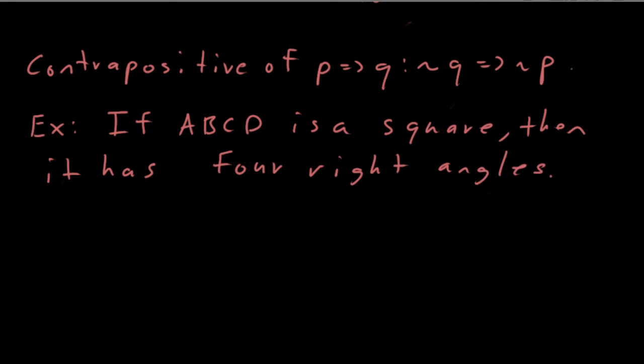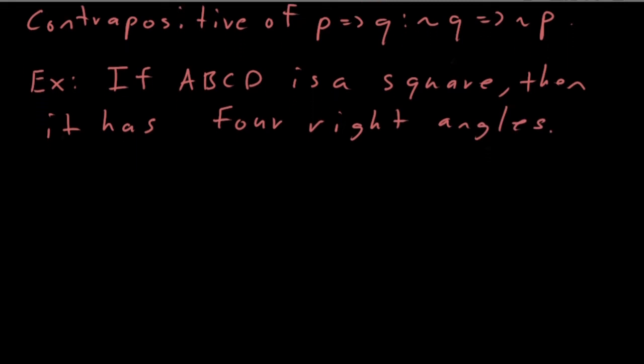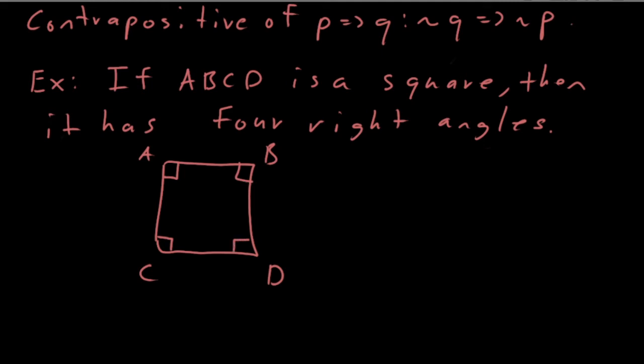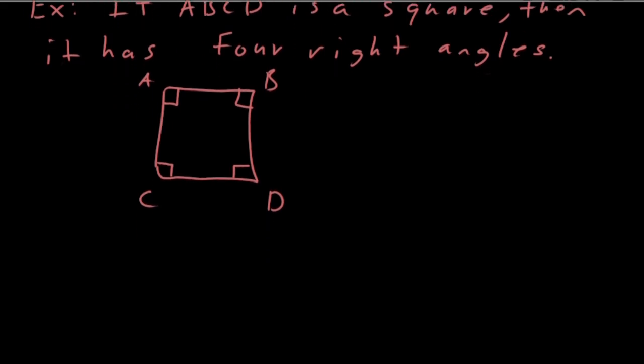ABCD is just a geometric figure; we're calling it a square. If we were to draw this, intuitively speaking, if it were a square, we would have these 4 right angles. But we don't want to determine the validity of the statement. We just want to know how to do the converse and all that other stuff.